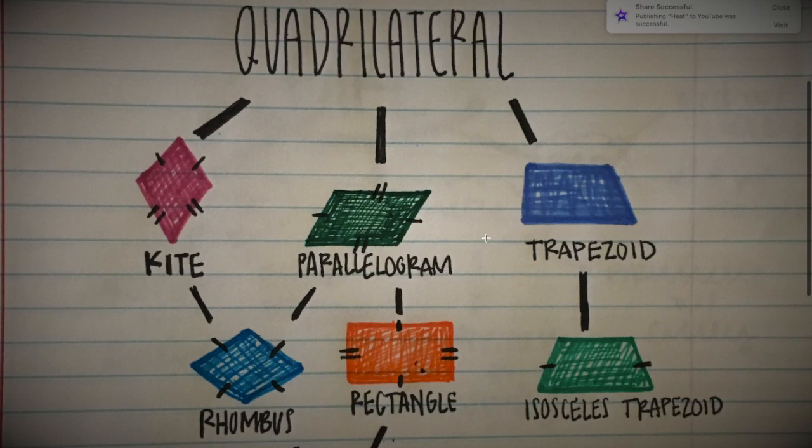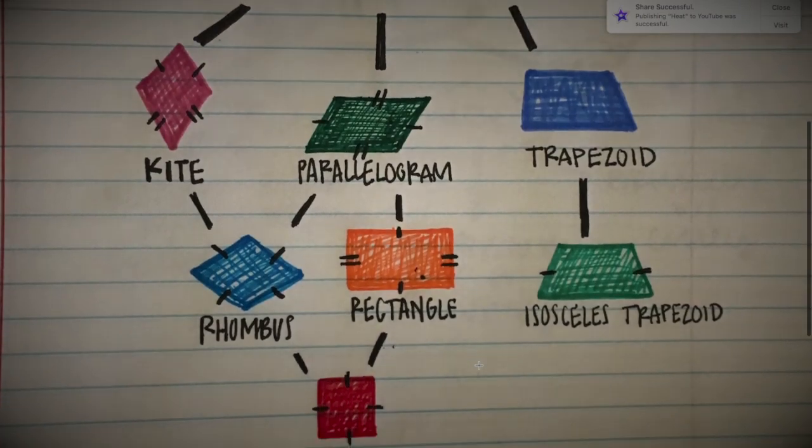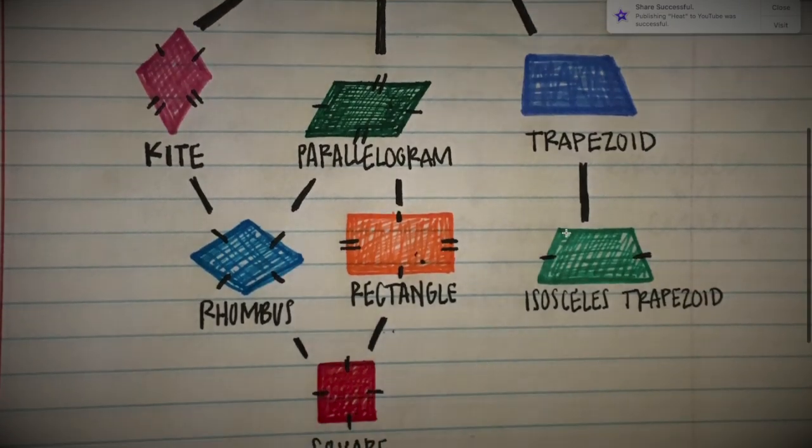Now we go to our third category, our trapezoid. So our trapezoid has one pair of parallel lines, right? We said that at the beginning. But there's a unique kind of trapezoid that is called an isosceles trapezoid.